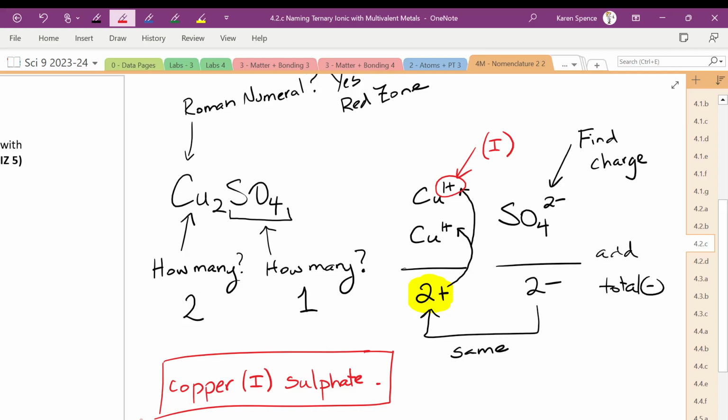Simple and multivalent. Multivalent ones become more than, they're the ones that we roll in. You're gonna have to decide, do I need a numeral or do I not?